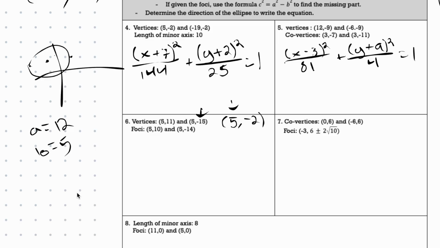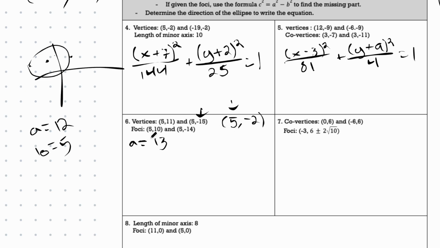As long as it's along a horizontal line or a vertical line, you can just subtract. Otherwise, you'd want to use the distance formula, which we went over in a previous video. So our a value, since we're talking about vertices, a major axis, is going to be 13.